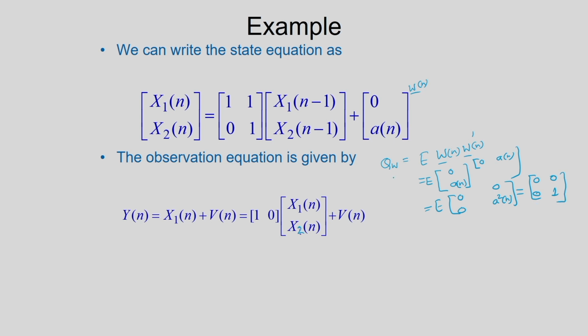So, we know Q W, we know this is my A, which is constant, not time varying. This is my C matrix, and Q V is now a one dimensional quantity, that is equal to sigma v square, actually that is equal to 1. So, these are the parameters given. With this we can estimate the state.